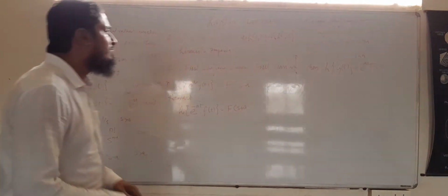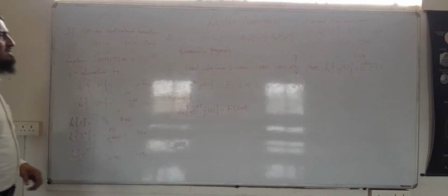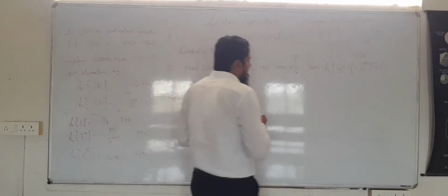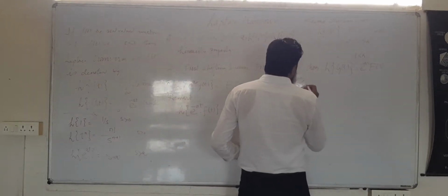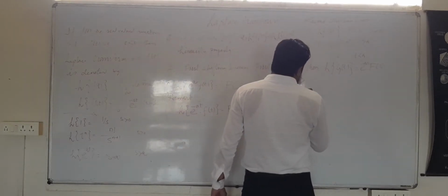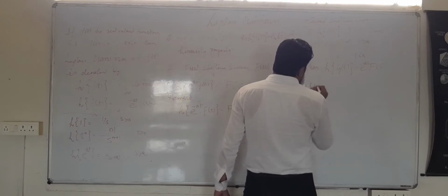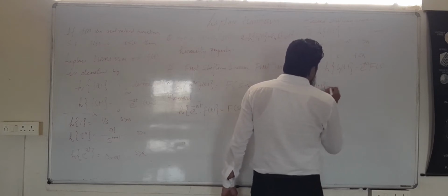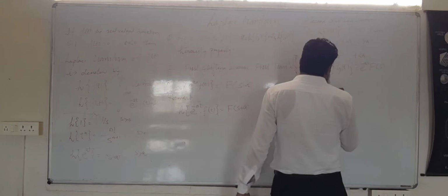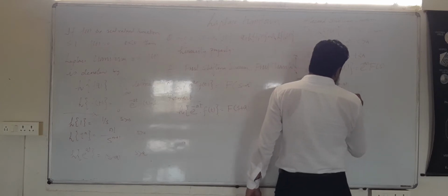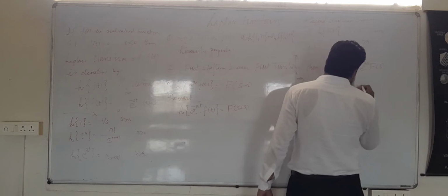Now, the proof of the theorem. Since we know that the Laplace transform of f(t) is equal to the integration from 0 to infinity e raised to minus st f(t) dt.